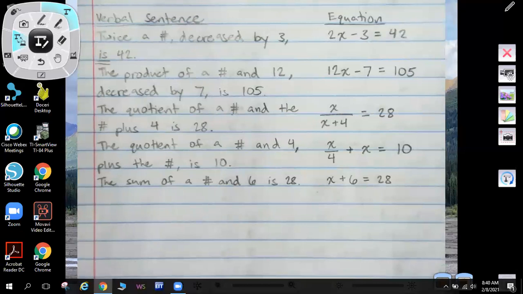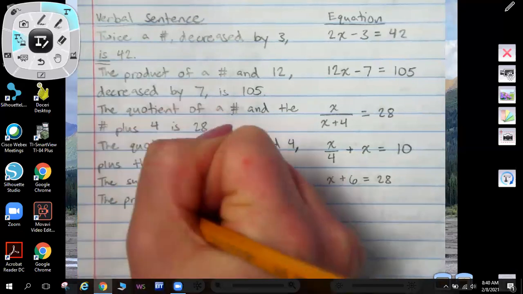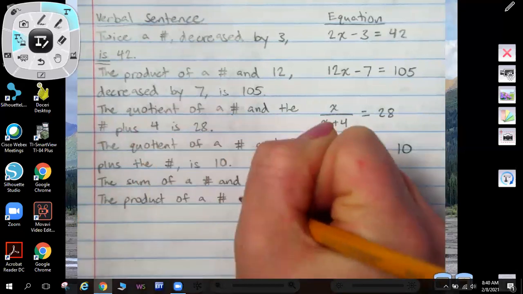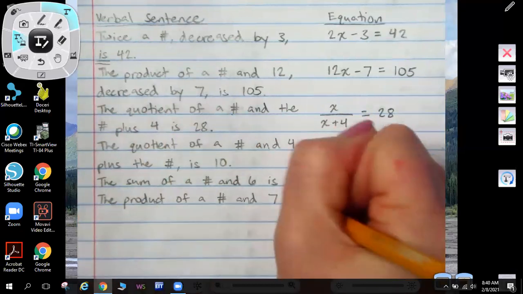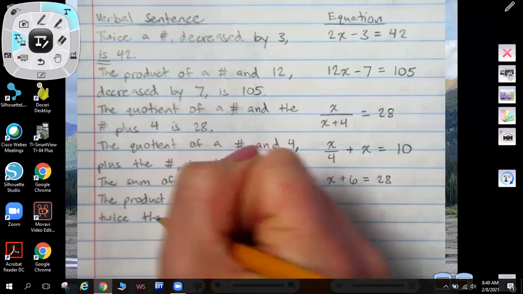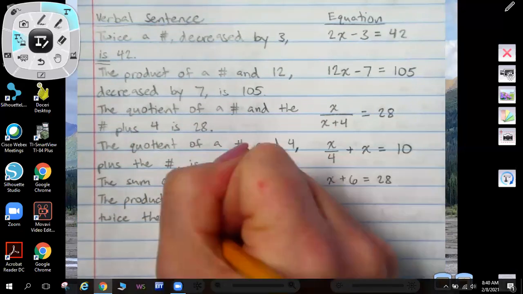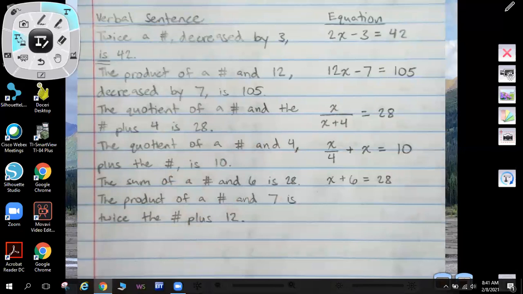Two more. The product of a number and 7 is twice the number plus 12.